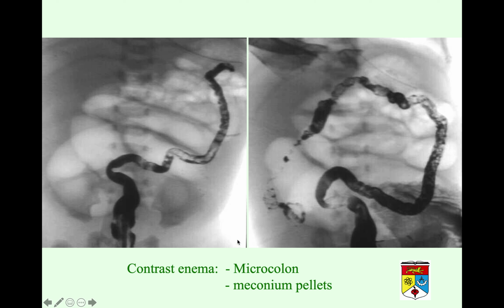Then there is a filling defect here that represents the meconium pellet. So you know that there is obstruction between this dilated bowel and the junction. In this case, we advance the contrast more, and it reaches the ileocecal valve into the terminal ileum, but it is still a microcolon.